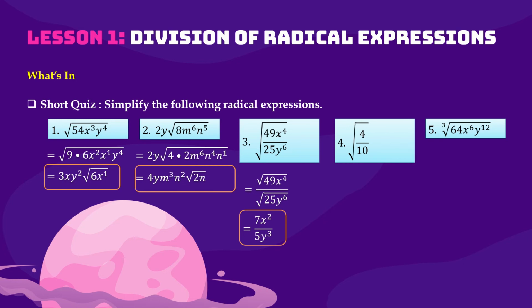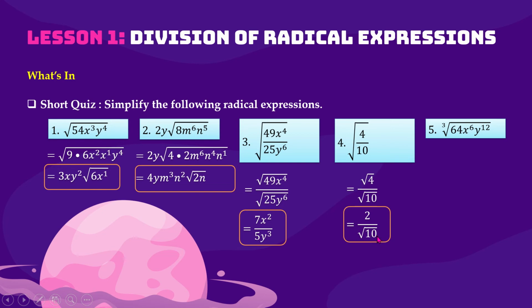How about number 4? Same process with example number 3. The square root of the fraction 4 over 10 is equal to the square root of the numerator over the square root of the denominator. Square root of 4 over square root of 10. Square root of 4 is 2, while the square root of 10 is none. 10 isn't a perfect square. The closest perfect square is 9. So therefore 10 is considered irrational.